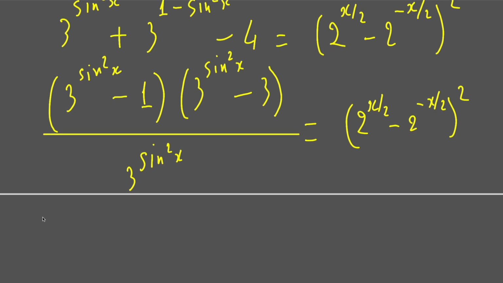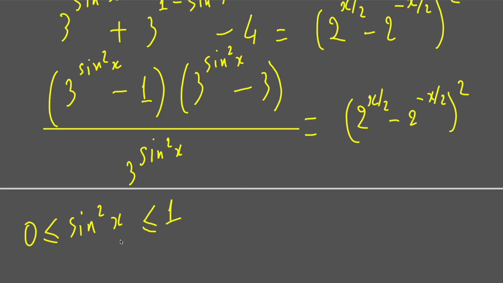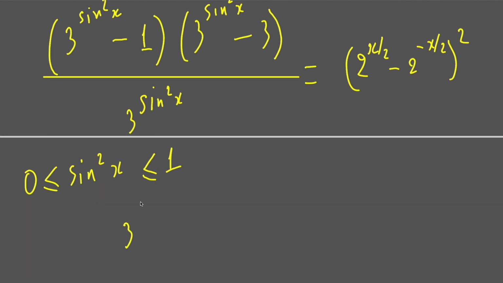Of course, in this case, on the left hand side, because sine square x is always greater or equal to 0 and smaller or equal to 1, it means 3 power of sine square x is between 1 and 3.